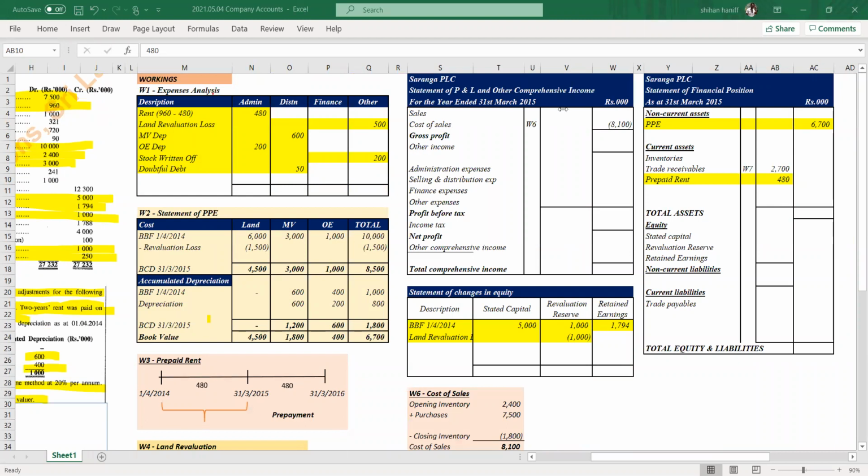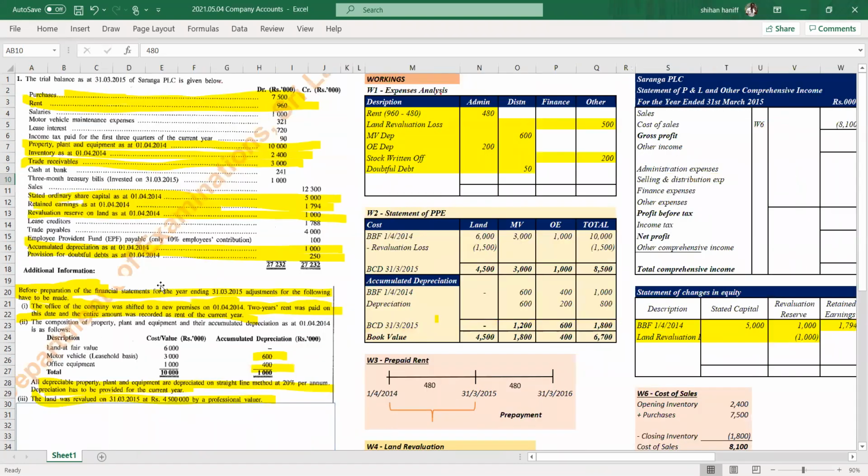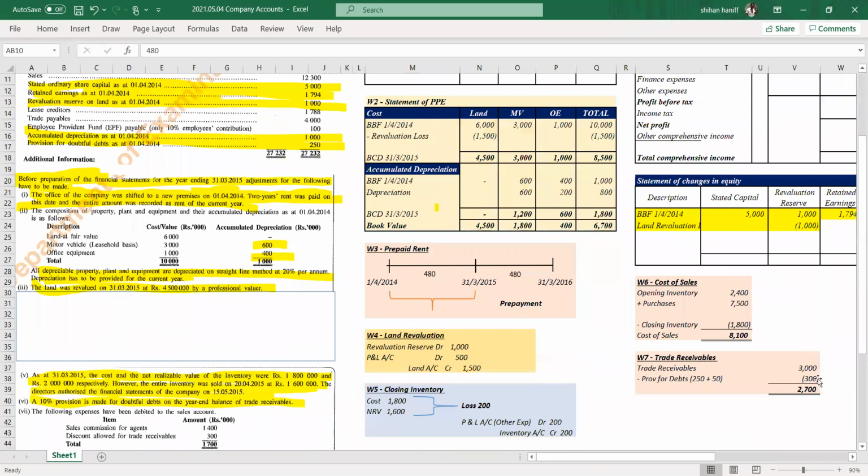Provision means last year, similar to this, we have made a provision of 250. This year provision is 300. Last year, they might have calculated 10%. So 10% is 250. This year, another 10% means 300. So already expense 250, another 50 we have to take to the income statement. Last year 250 is taken.